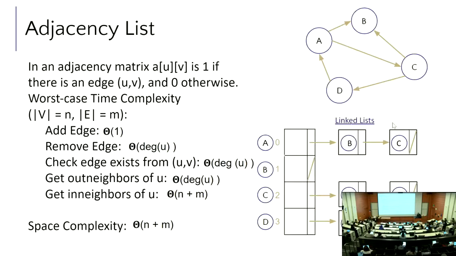Here we've got a bunch of linked lists, and what this means is this bucket for A says that there exists a connection from A to B and a connection from A to C. If we look up here, we've got a directed graph because there's arrows on it, and we can see those are the two out connections from A to C and A to B. Those are the two things in the collection stored in the bucket for A. If I go to B, B has no outward connections, so B has no linked list. If I look at C, C points to B and C points to D, so those are the two things in its collection, and so on and so forth.